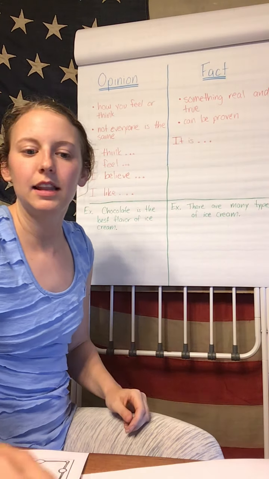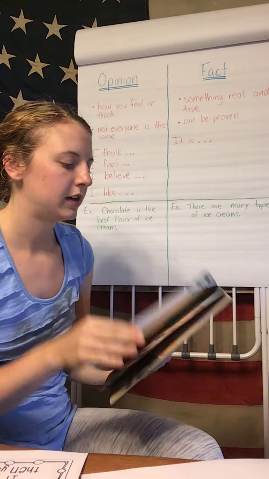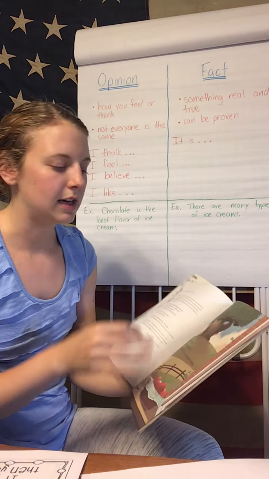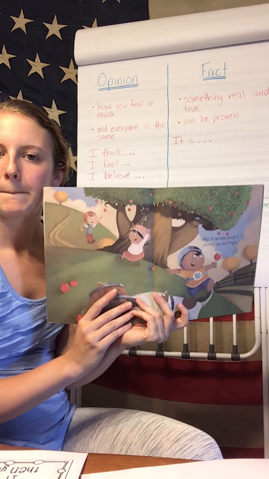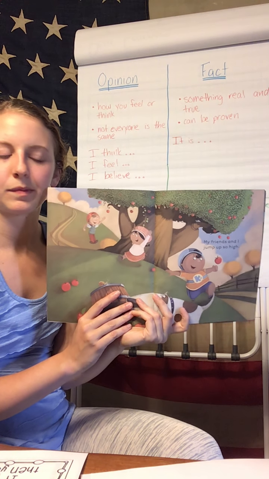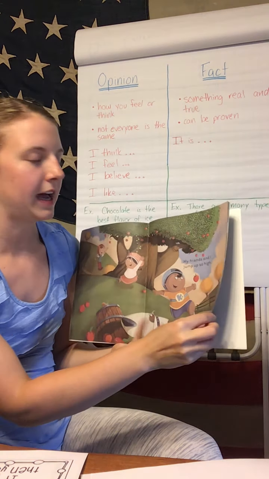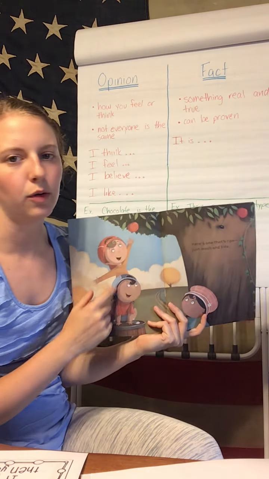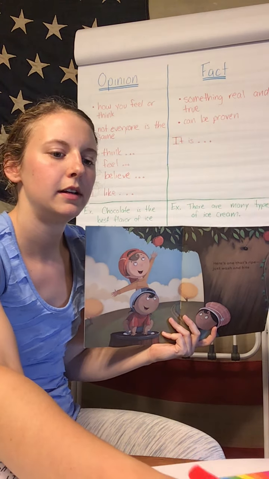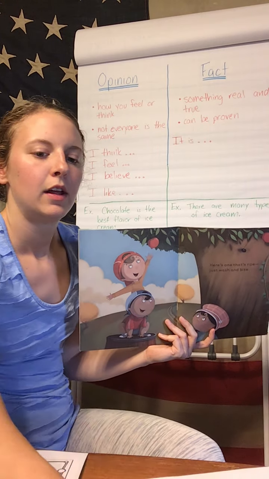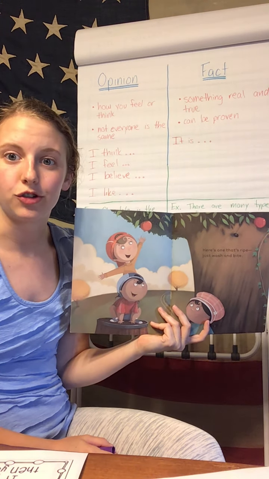So, let's look at our story. Under the apple tree. Do you think you could give me a fact that came from this story? What's a fact that you might know from this story? I think I've got one. Would you say that it's a fact that apples grow on trees?